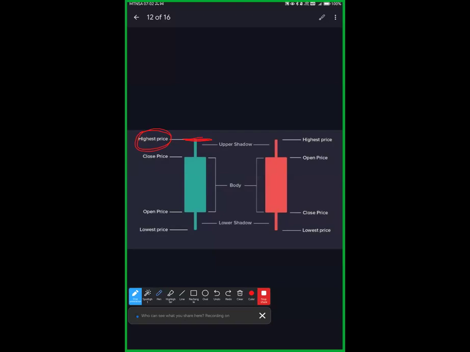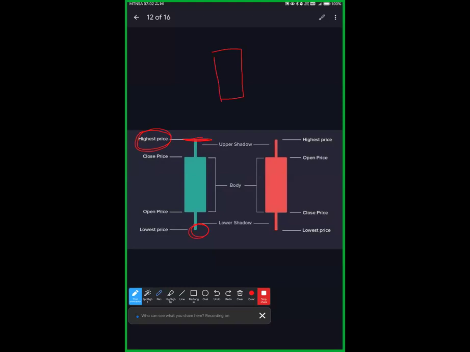Yet the bottom of the lower shadow is referred to as the low or the lowest price. Mind you, there are other occasions whereby you are going to see a filled up candle like this without a shadow.